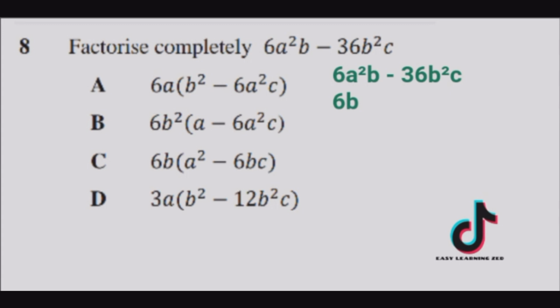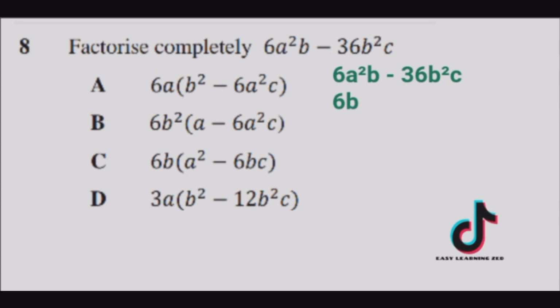When you are coming up with a factor, you write the variable with the smallest power. We know that when any number or variable is not raised to any power, it is raised to the power of 1. That's why I've picked b, because it has a smaller power compared to the b in the second term.